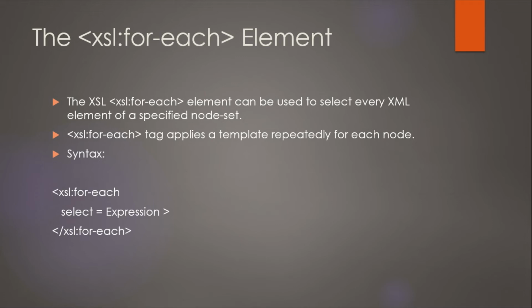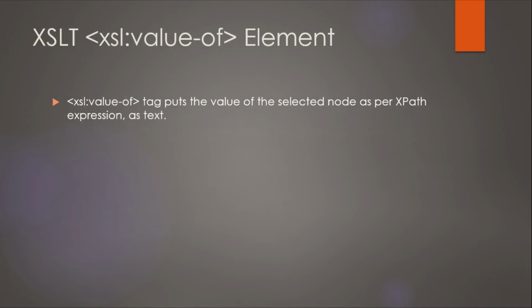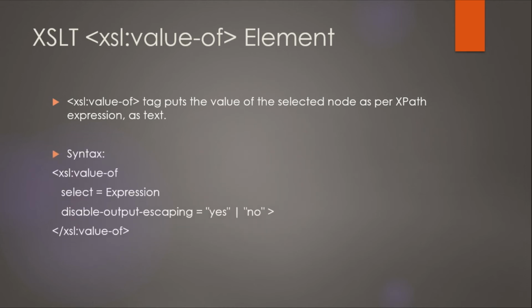Now the next one is the XSL value-of element. The XSL value-of tag puts the value of the selected node, as per the XPath, as text. This is the syntax of the value-of element: xsl:value-of select expression, disable-output-escaping yes or no. These are the two attributes.